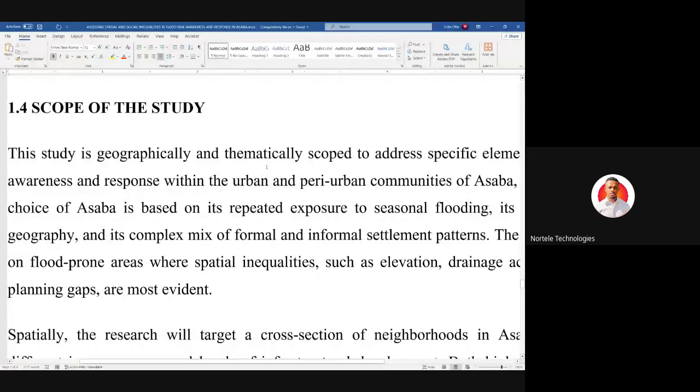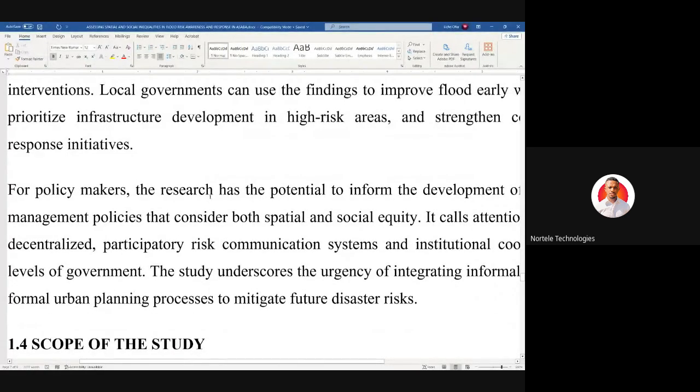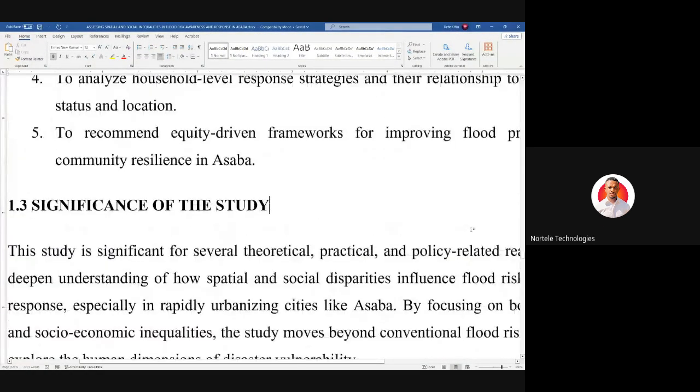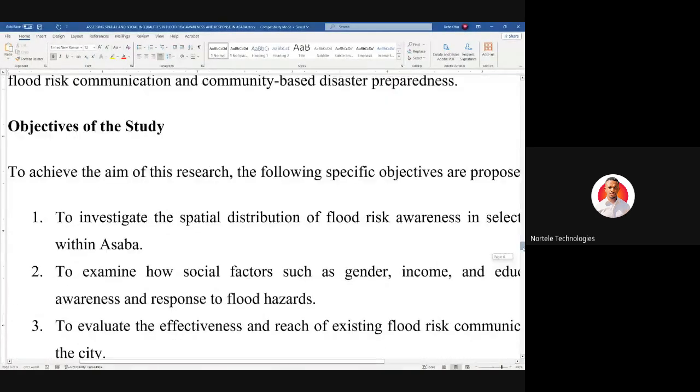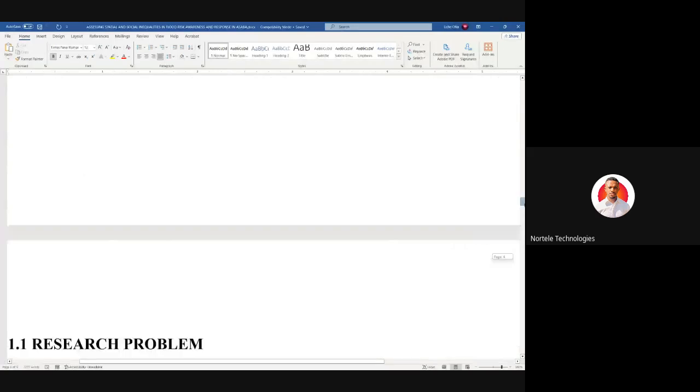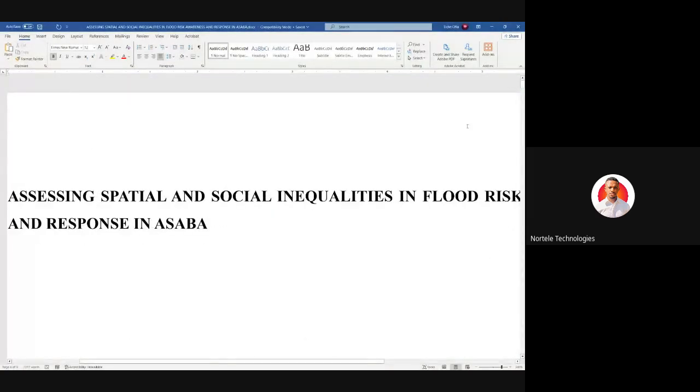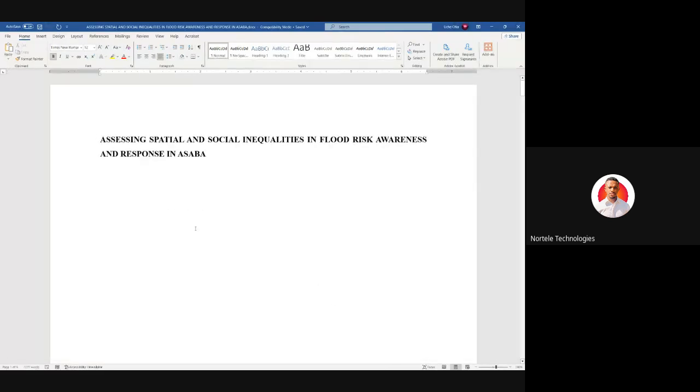Now, I've noticed something. I have corrected this amongst my students. I think I've said it in one of the classes here, that your scope of study is just the limitation within which you are carrying out that research.